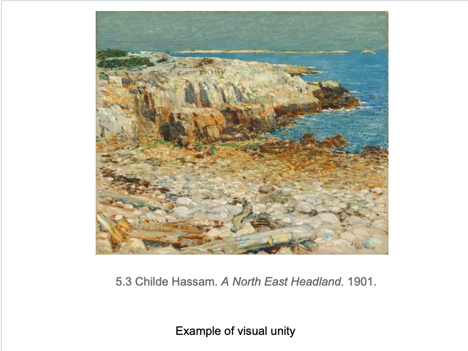Based on your knowledge of what we studied last time, the elements of art, can you see some of those elements being used in a way that creates visual unity? Because remember, the elements are the tools. They are the ingredients that then get put together in a work of art using those guidelines of the principles.